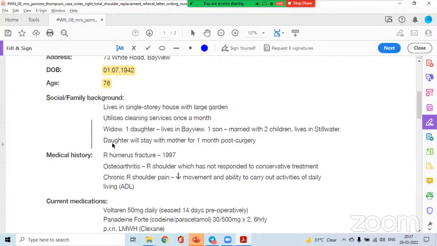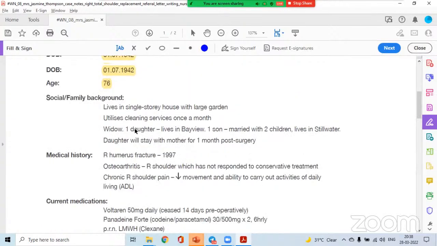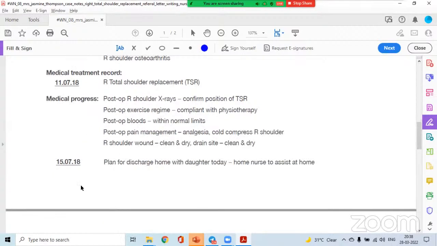Now all these are not that much important because in home service, what happened before is not that much. So now, before discharge, you have to see current medications. Current medications mean before discharge.